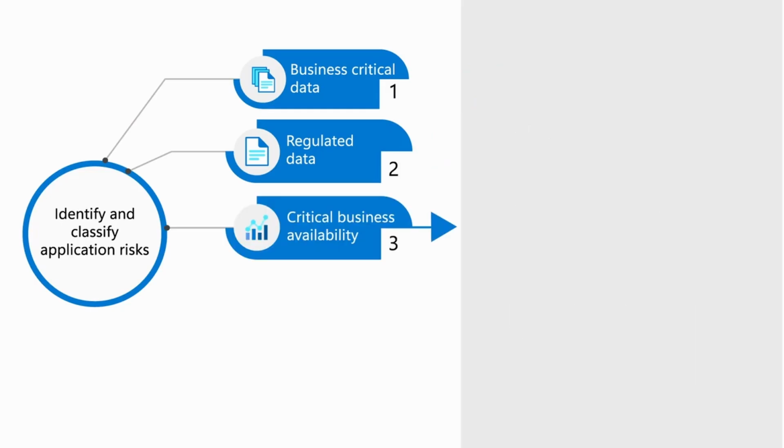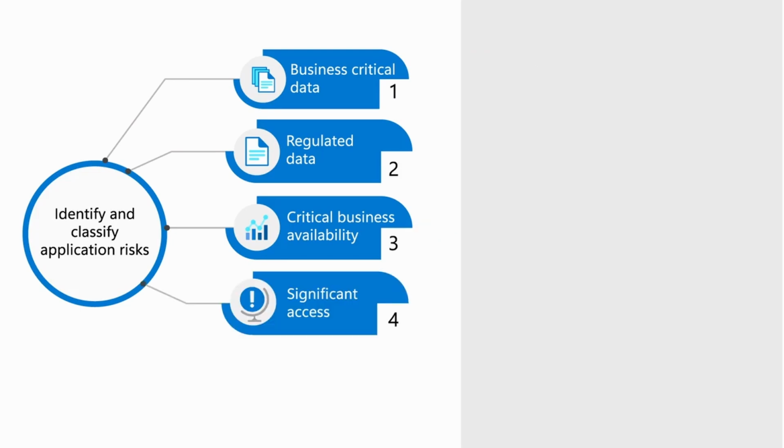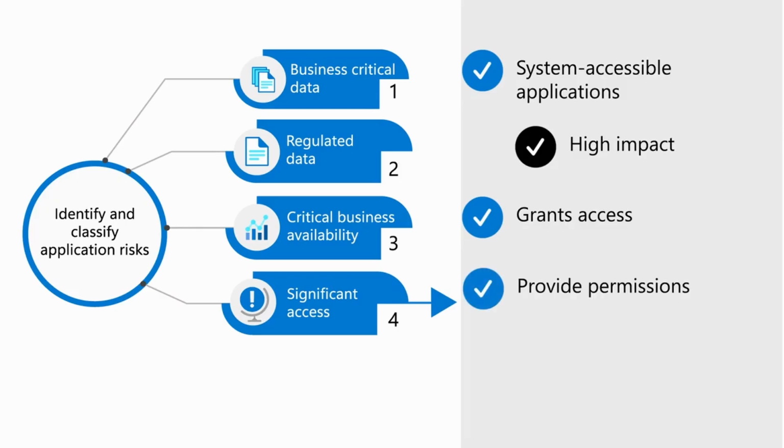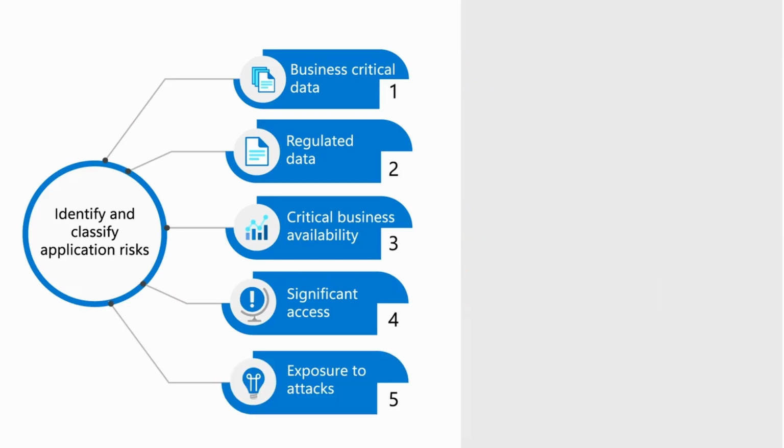In this, functionality is vital for the business. Next is significant access. Here, the system accessible applications have a high impact through technical means, such as stored credentials, keys, or certificates that grant access to the data or service, and permissions granted through access control lists or other methods. And the last is high exposure to attacks.